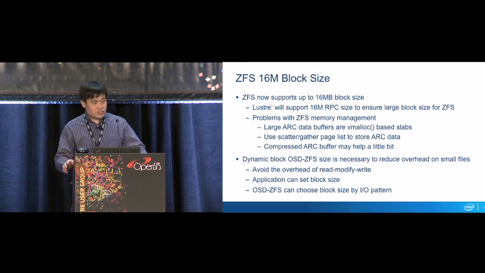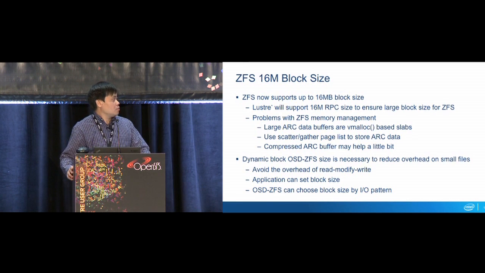In order to fix this problem, we have to use scatter page list to store arc data. And also, there's another work in progress at Delphix. It is a compressed arc, which may help the memory issue a little bit if your data is compressible.